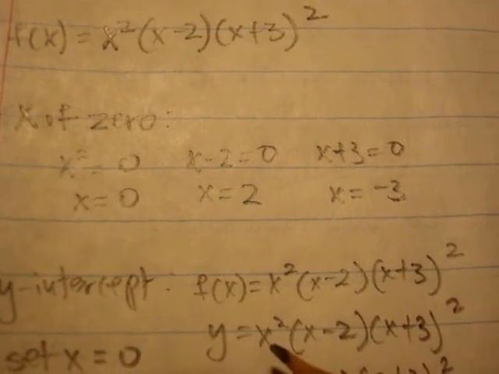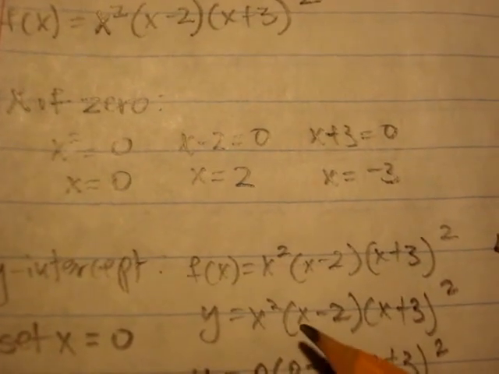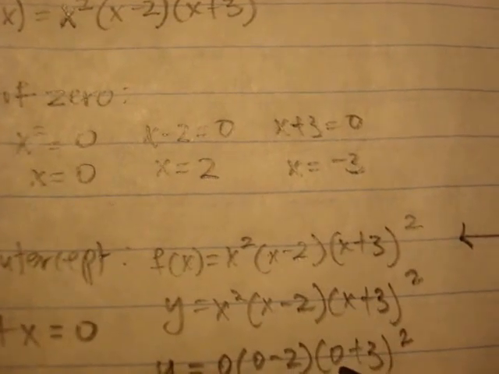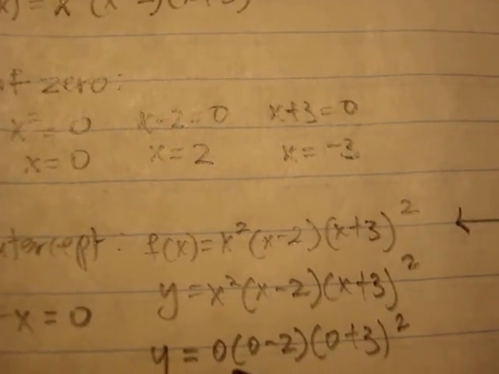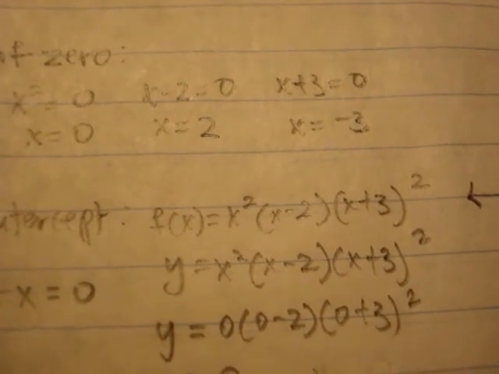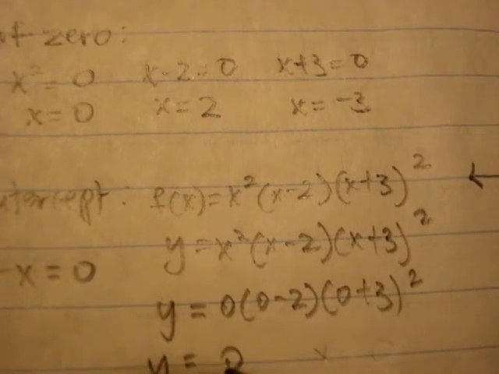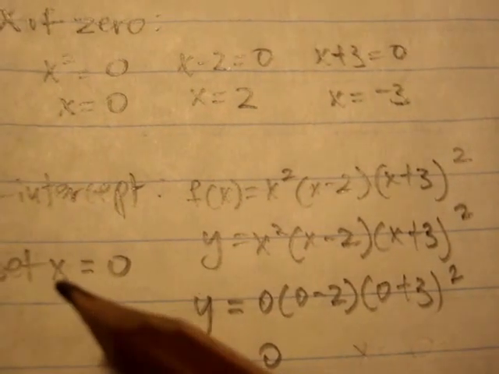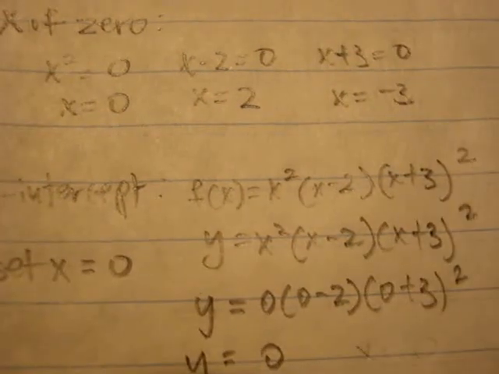So every x that you see, put it as 0, and then you solve for y. So y equals 0. So the y-intercept will be 0.